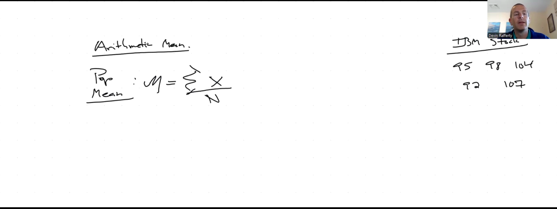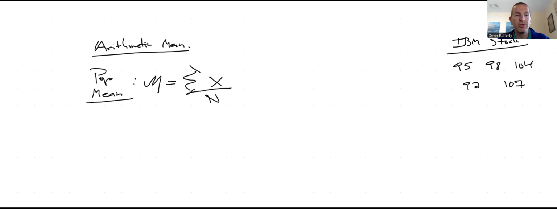How do we calculate that parameter? Well, we summate all of the x terms. In other words, we add up the x's and then divide by the number of observations in the population.